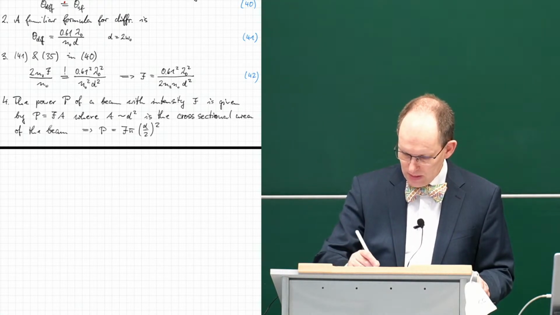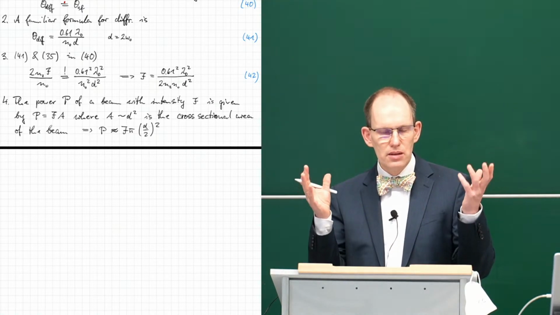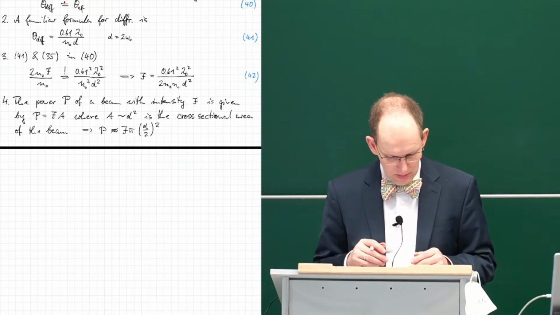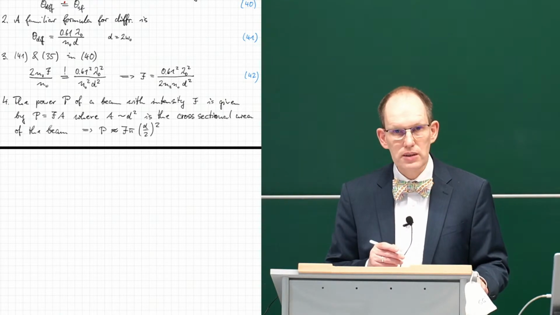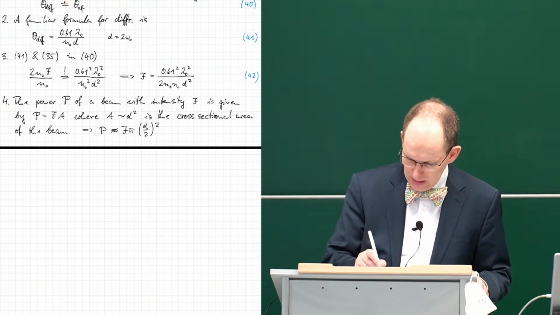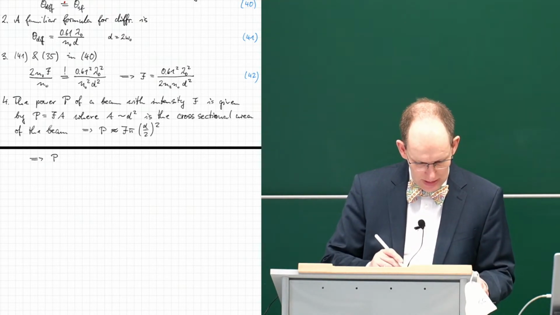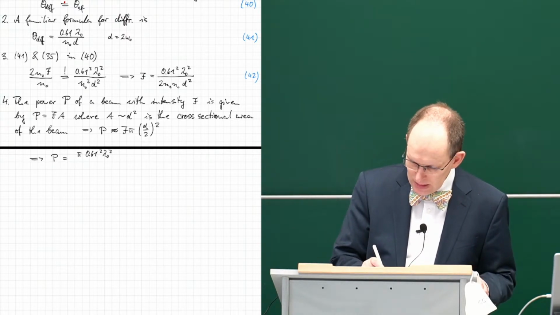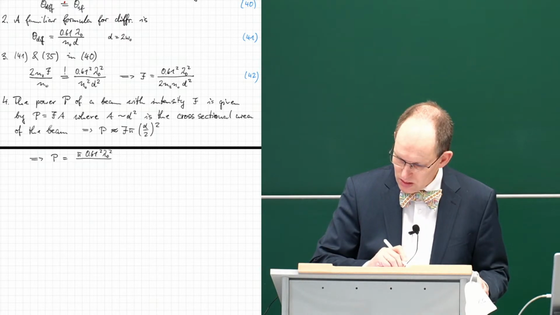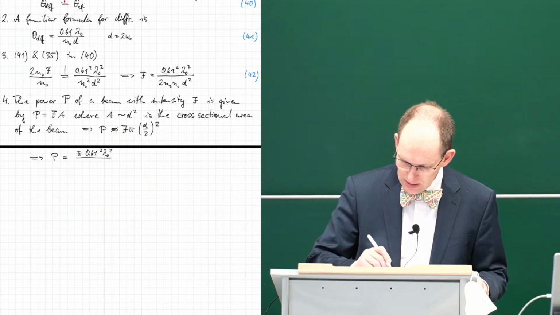So let's write here approximately, because if it's a Gaussian beam, then of course it's a question of definition what you consider the area of the beam. But this proportionality is certainly valid. So what we then get here is P is equal to pi times 0.61 squared times lambda 0 squared divided by 2 times n2 and then times 4, from this factor here.